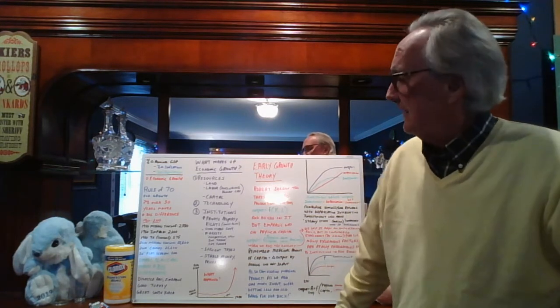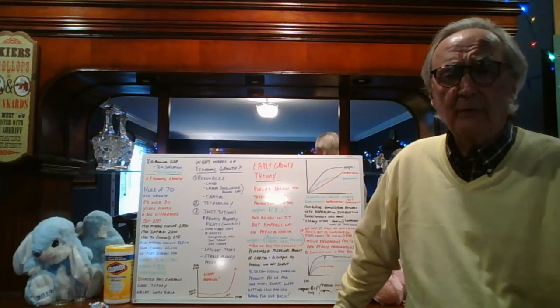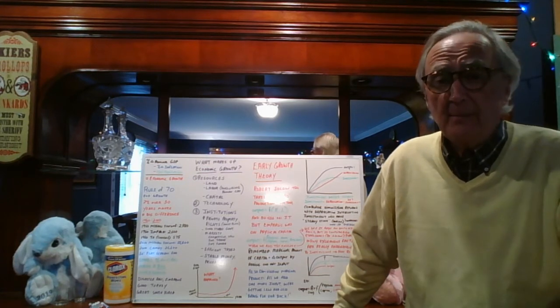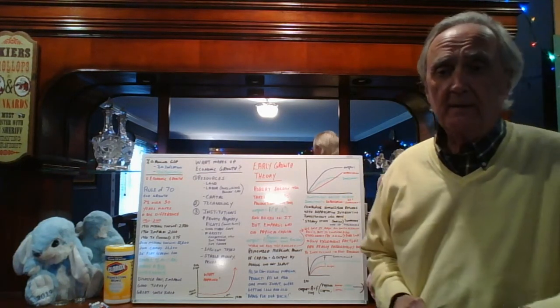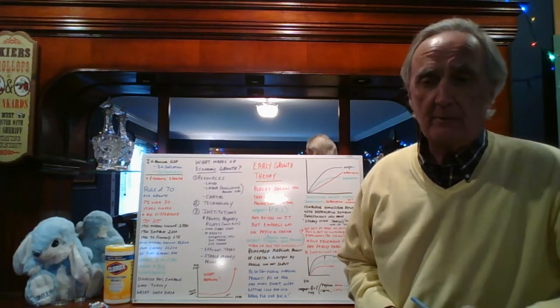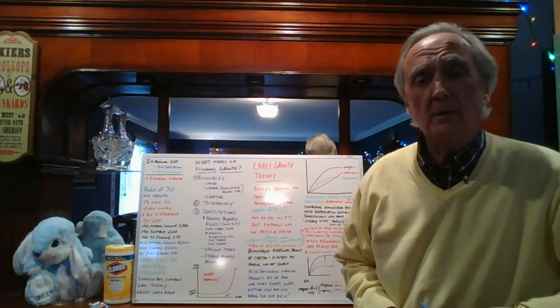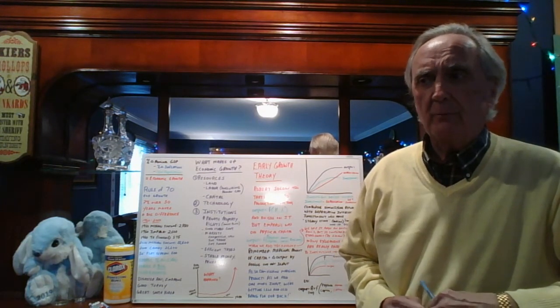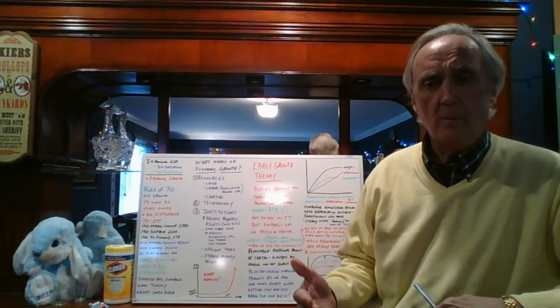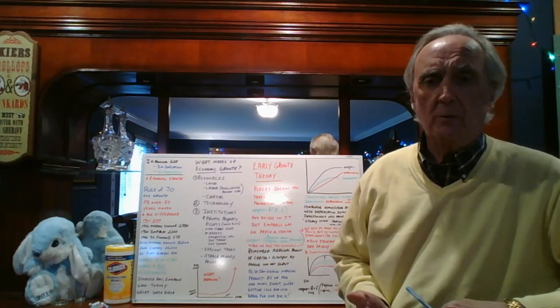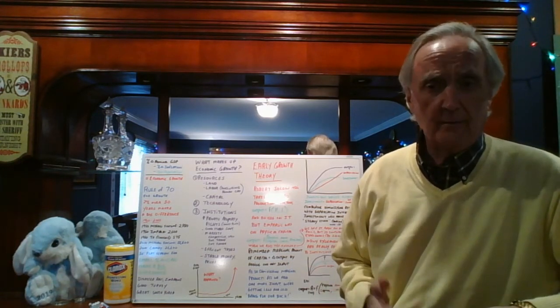When we talk about economic growth, they bring up that rule of 70, which actually is not a bad rule for you to keep in mind, even after this class is gone. It's an interesting rule. It tells you how long it's going to take you to double your money on an investment.